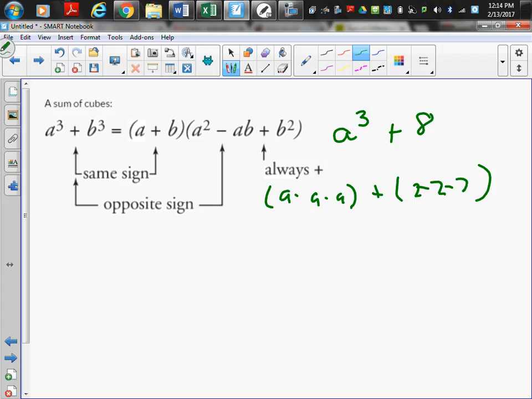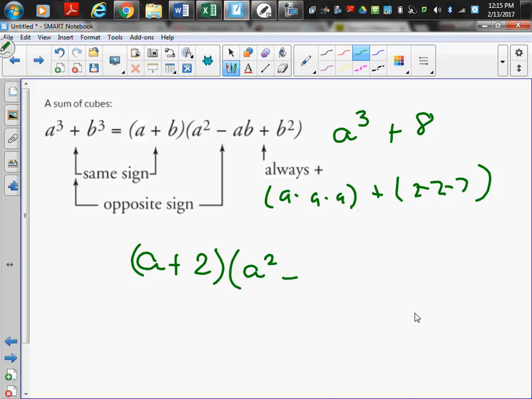All right, so we start. My first is A. I have a plus, and then what's the cube root? 2. And then a parenthesis, my first piece squared, so that's A squared.